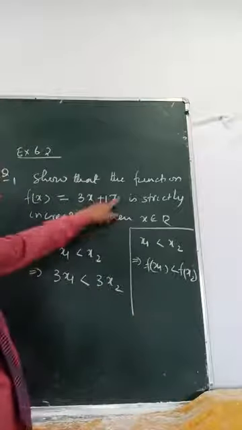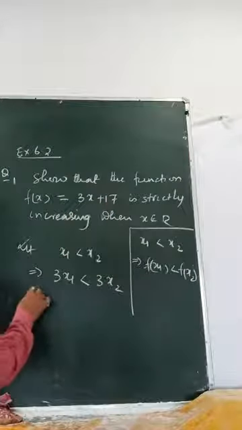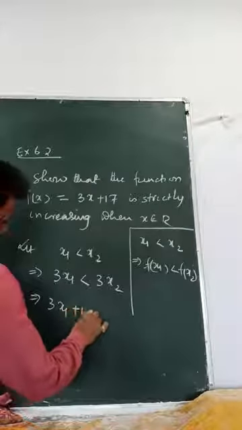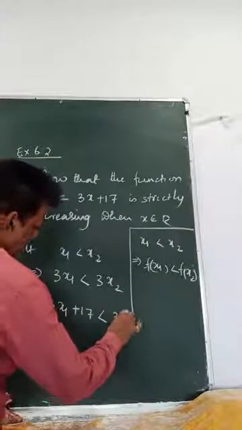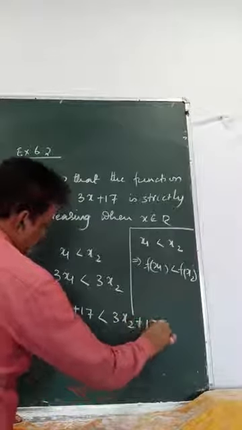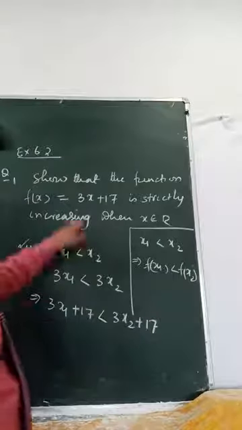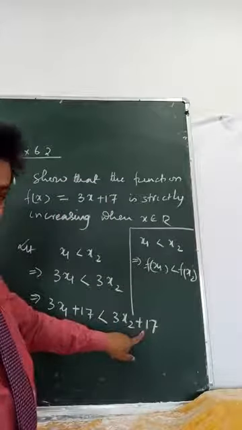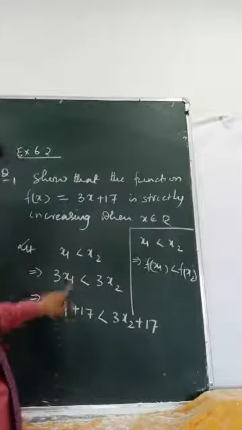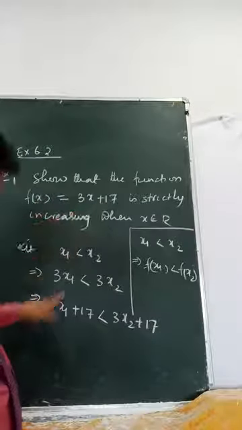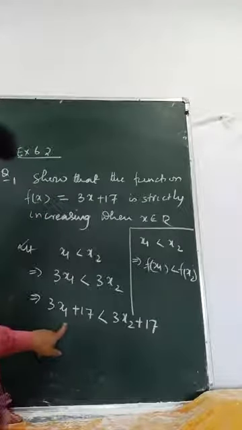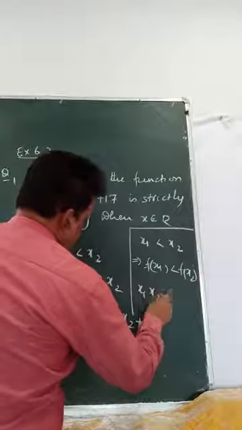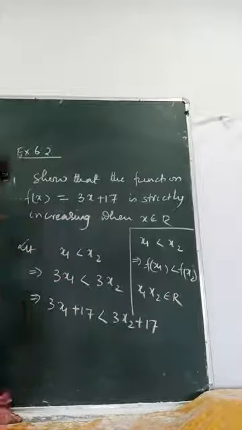If I add 17 to both sides, this implies 3x1 plus 17 is less than 3x2 plus 17. This is similar to f(x), so this will be f(x1) and this f(x2). Here x1, x2 belong to R, the real numbers I have taken.